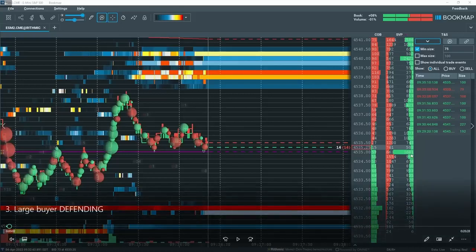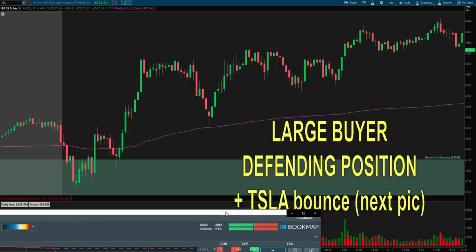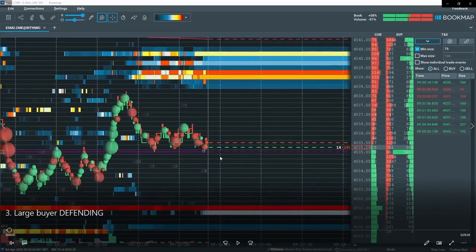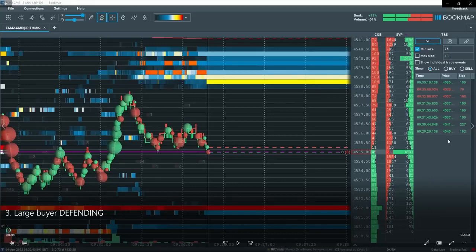So in this example, we had a very large buyer at some point earlier in the day at 45.35. This also aligns with a demand zone which started at 45.38. And what's extremely interesting here is I want you to keep a note on the size.